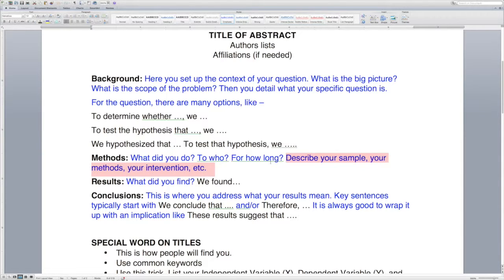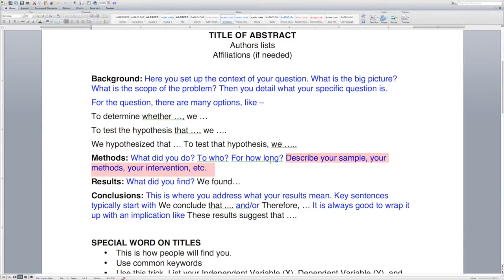If you're dealing with a sample of humans, you want to say the age range, the sample size, important characteristics, something along the lines of, we studied 22 people, adults with depression, who are treatment naive, and compared them against 42 healthy controls.